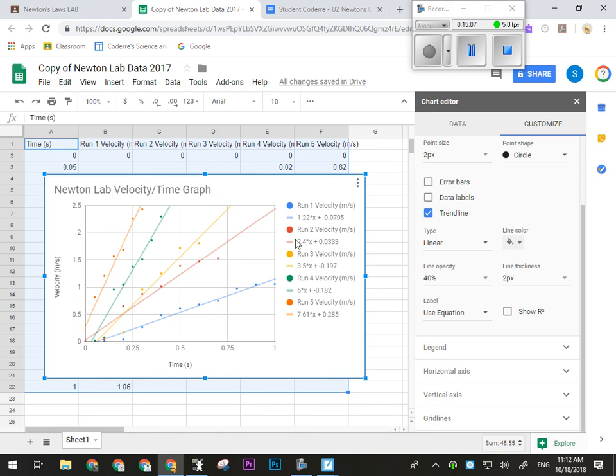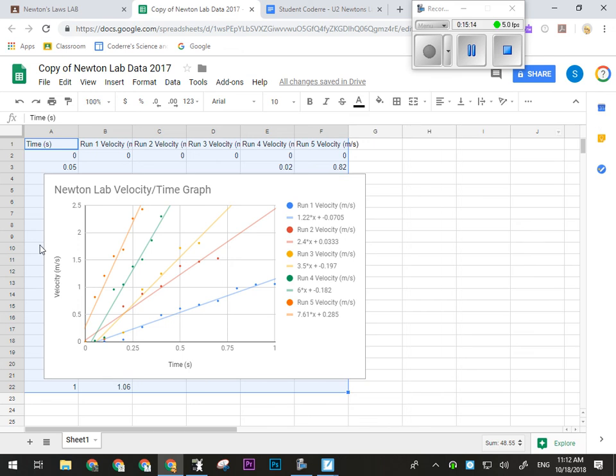So I've got the equation for each one of my trials, run 1, run 2, run 3. Now I have the slopes. Now I can close that up and copy the graph over into my lab. I don't need the chart, just the graph. Take the graph over into your lab and then you can start doing your analysis. So that's a reminder on how that part works.